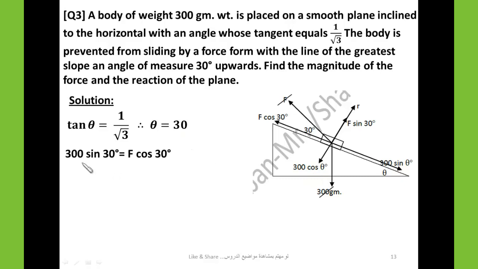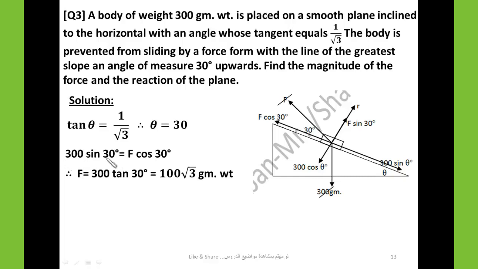We have 300 sine 30 equals F cosine 30. Here in the direction of the plane, don't forget that the body is in equilibrium, so F cosine 30 equals 300 sine 30.